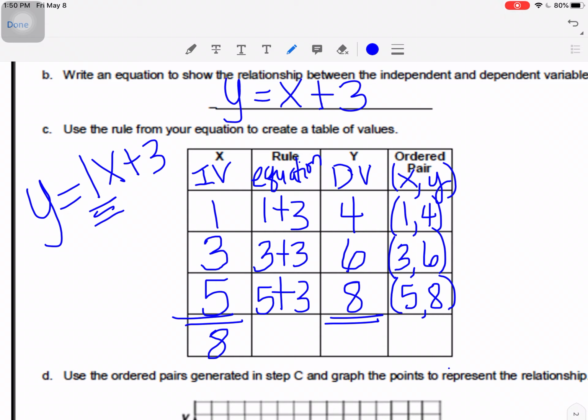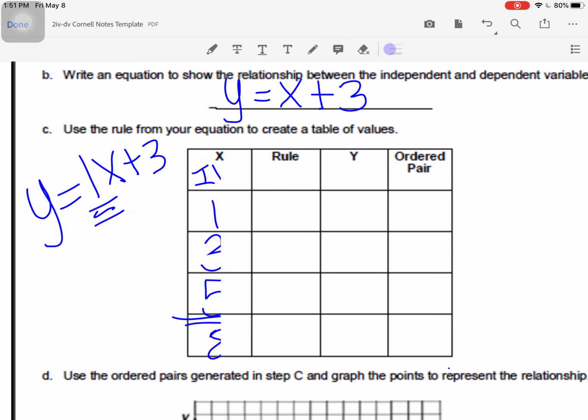So 8 rides times $1 each gives us $8 plus the $3 admission, which gives us 11 total dollars that we're going to pay. So our coordinates are 8, 11. Remember, total cost, which is our Y, depends on how many rides we take. So Y depends on X.